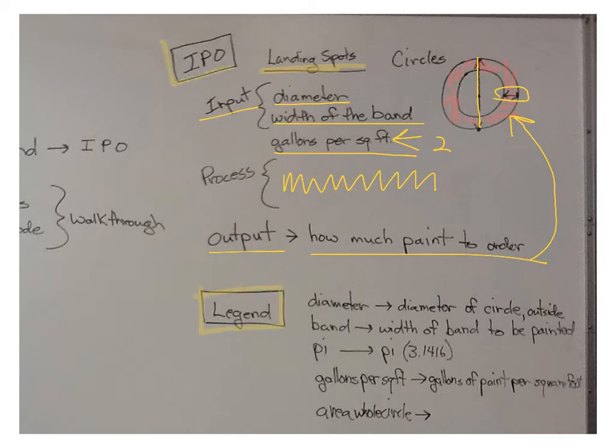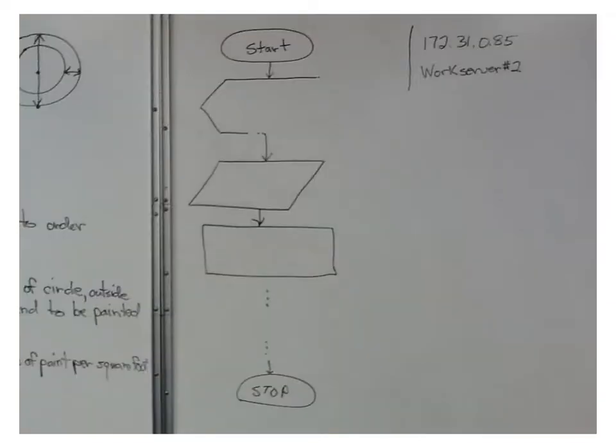Here's the IPO. Right? You got to understand the problem, and then you have to design the IPO. That's all analysis. The legend, we can start indicating what we're going to use for variables. And once we feel pretty confident that we have the IPO figured out, and we've started designing here, then we actually start putting together some type of flow.